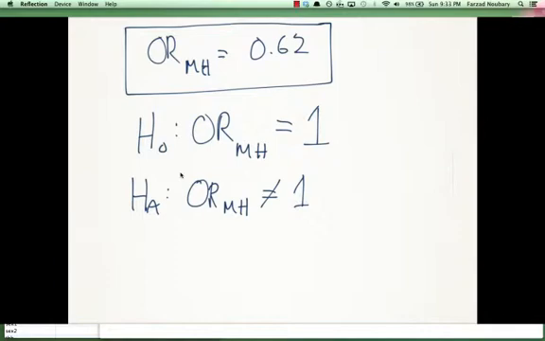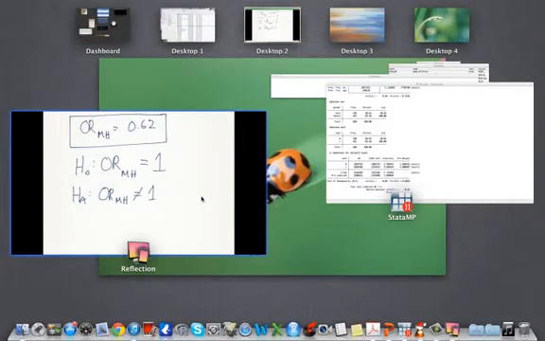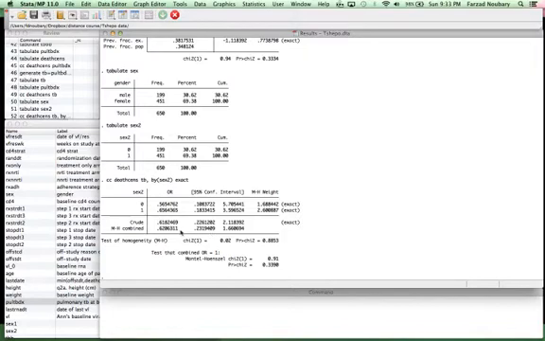Okay, so how do we do this? Well, it turns out we already have the Stata output that we need to answer this question. And we could do it in several ways, just like we've seen before. We could look at the 95% confidence interval, and here we can see that the value 1 is contained within this confidence interval, so we would fail to reject the null.